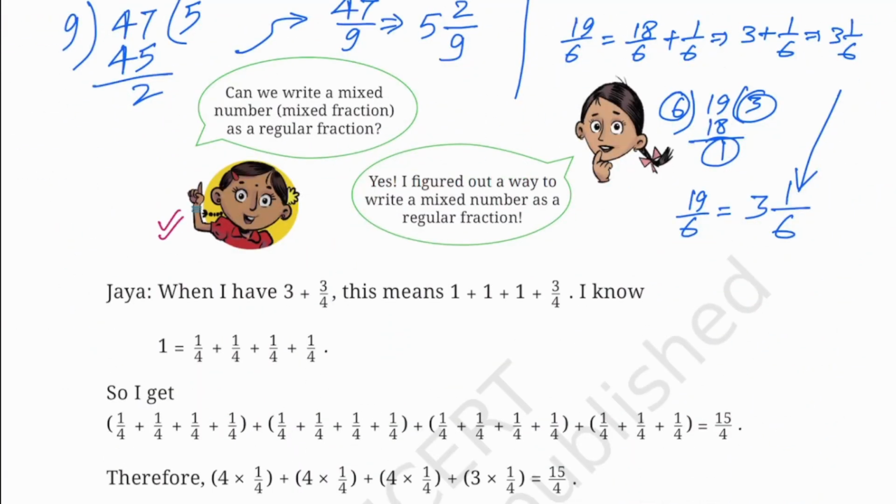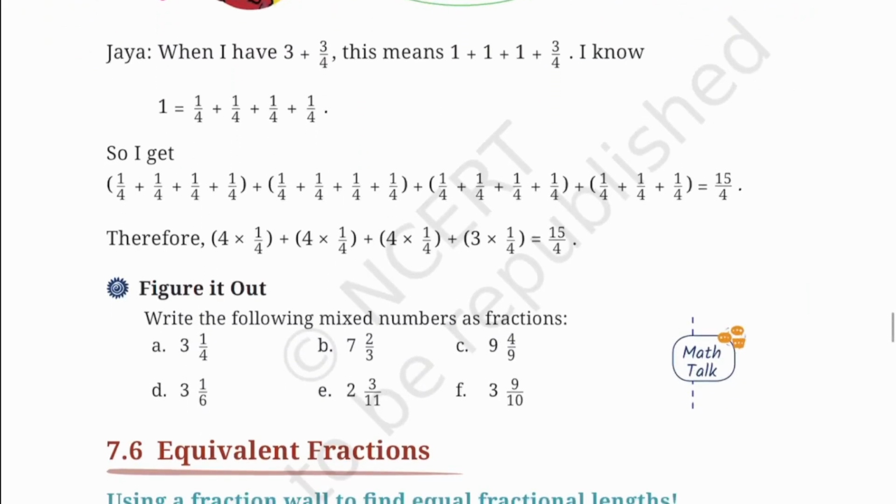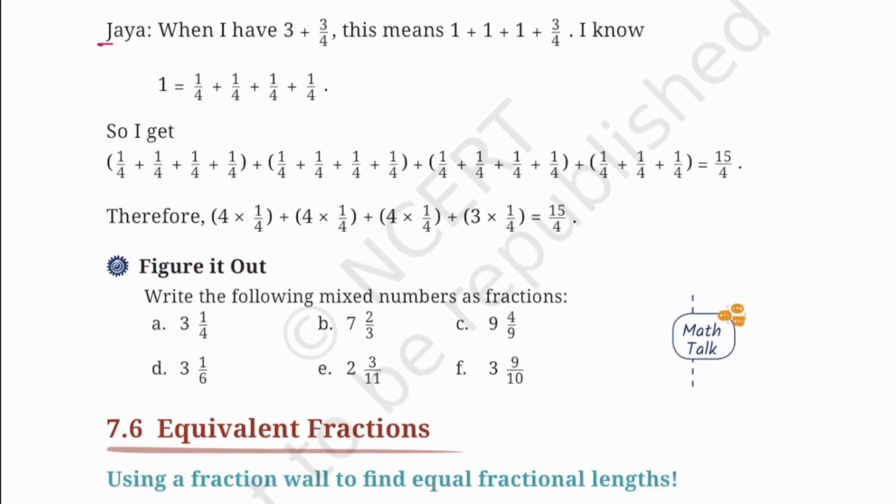This girl says, can we write a mixed fraction as a regular fraction? This girl replies, yes, I figured out a way to write a mixed number as a regular fraction. Jaya, when I have 3 plus 3 upon 4, this means 1 plus 1 plus 1 plus 3 upon 4.